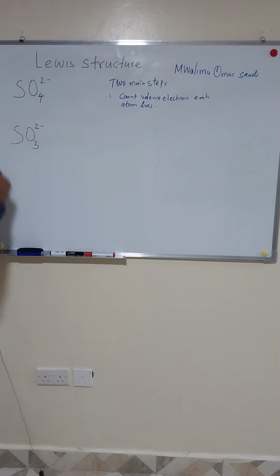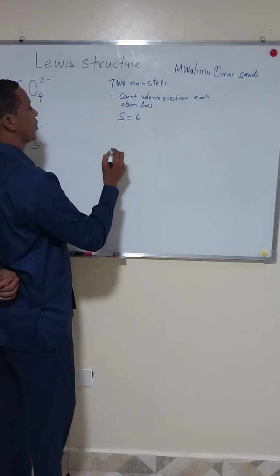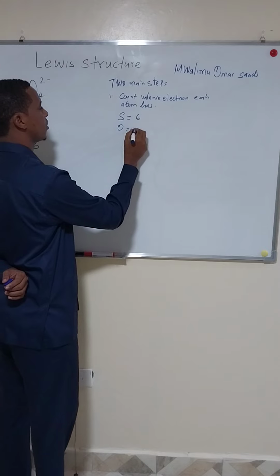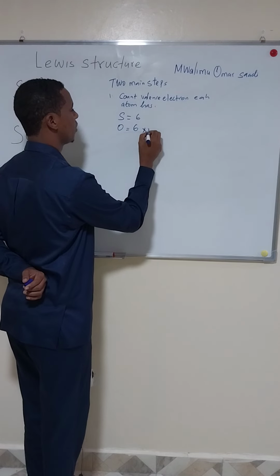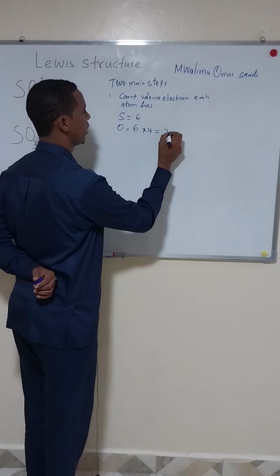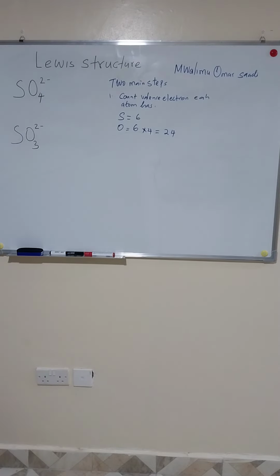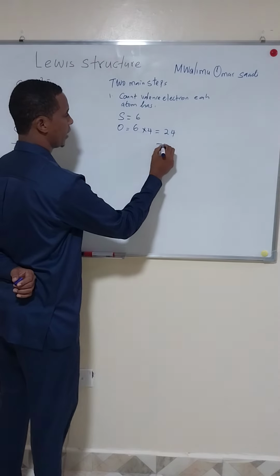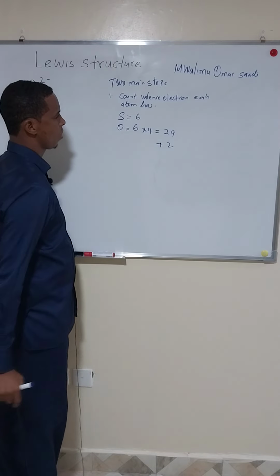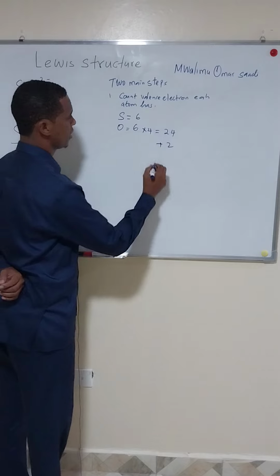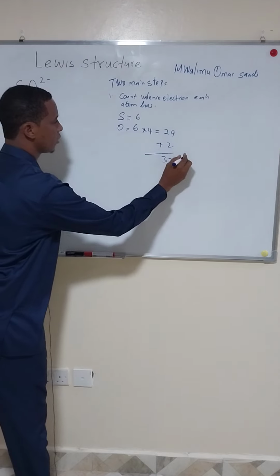So for sulfate ion, sulfur brought 6 electrons, oxygen brought 6 electrons, and there are 4 atoms of oxygen times 6, that is 24. And here we have 2 minus, so you add that 2. So we'll have a total of 6 plus 24, that is 30, plus 2, that is 32. So there are 32 electrons in total.